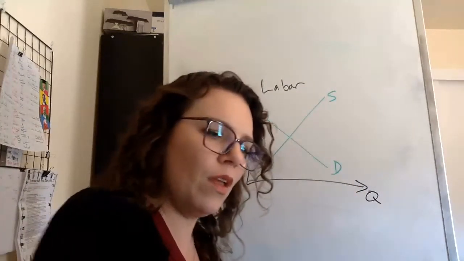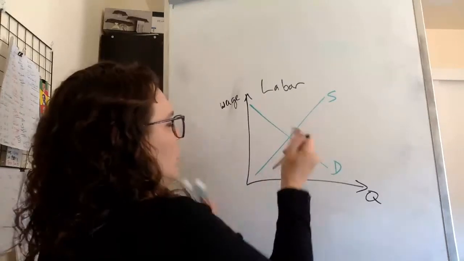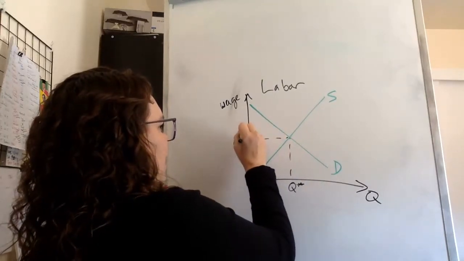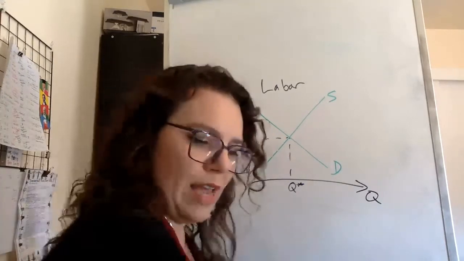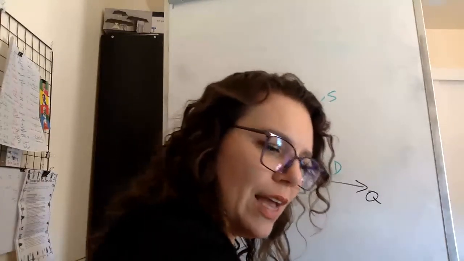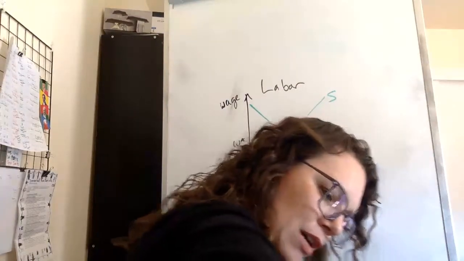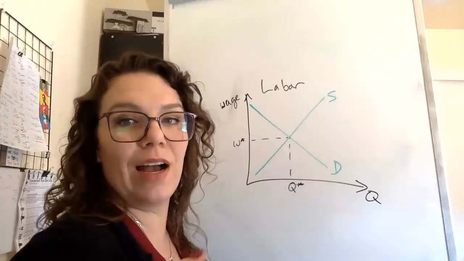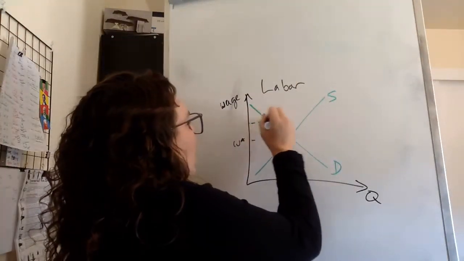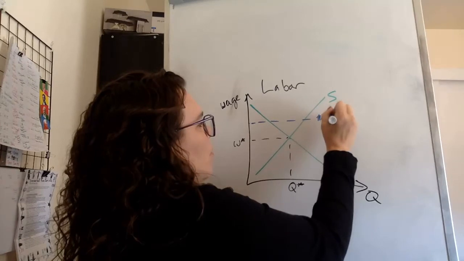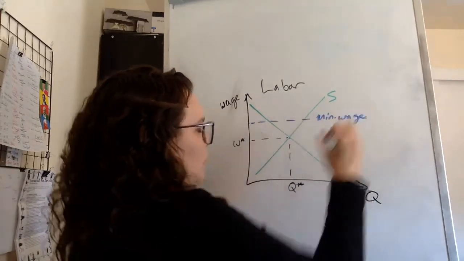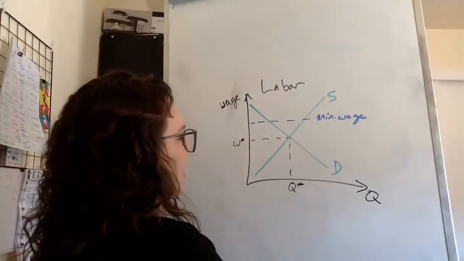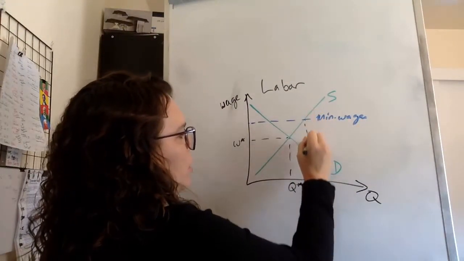Right? So we've got our equilibrium quantity of labor and our equilibrium wage. Now, if we impose a minimum wage that is above that equilibrium, so we have a higher minimum wage, that's going to lead to more workers wanting to enter the labor market and fewer employers wanting to hire.